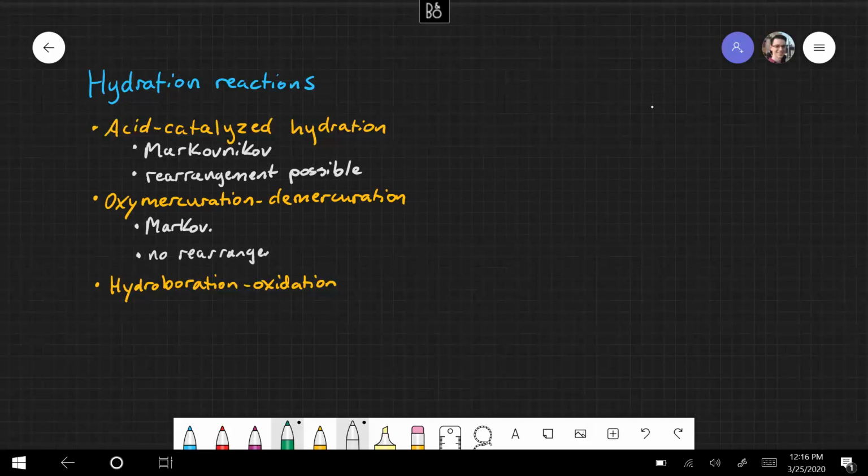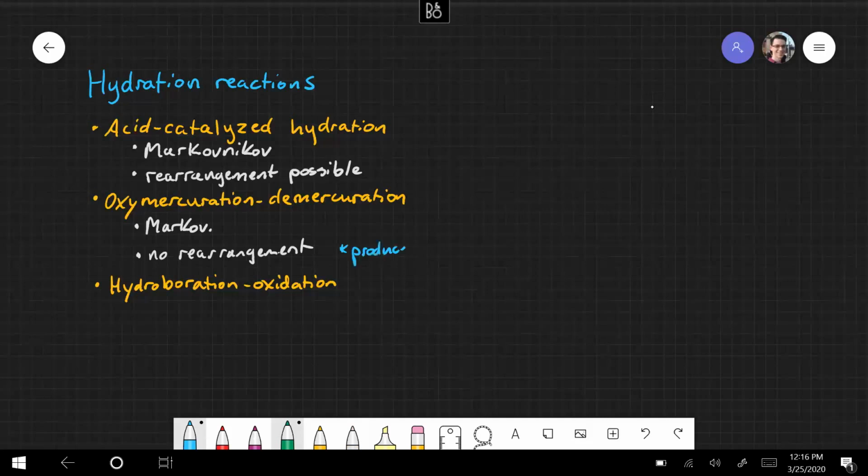Okay. In terms of the chemistry, these are very similar. This simply doesn't allow for rearrangement, which can make it useful if rearrangement would have been a problem. One side note, this does produce Hg, mercury, as a product.